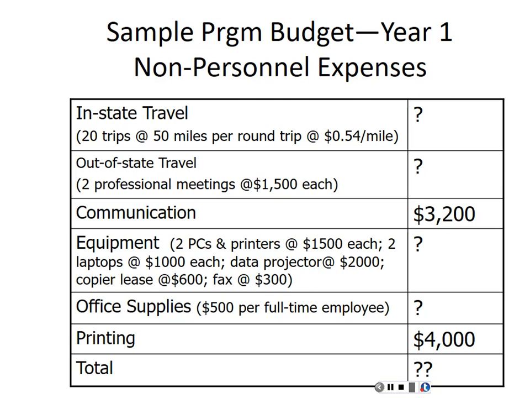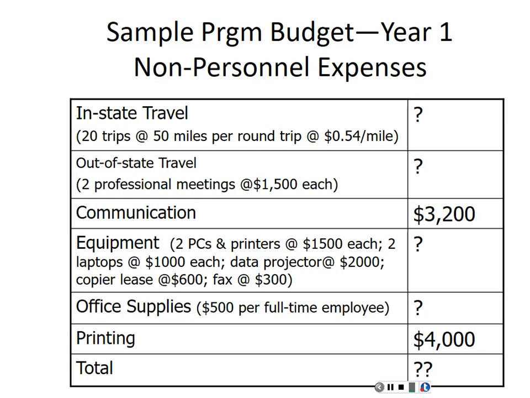So then we calculate in-state travel as the number of trips multiplied by the number of miles per round trip multiplied by the rate per mile. So again, if we know, for example, our program director is going to make 4 trips to Nashville to meet with the state legislators, 1 every quarter, okay?